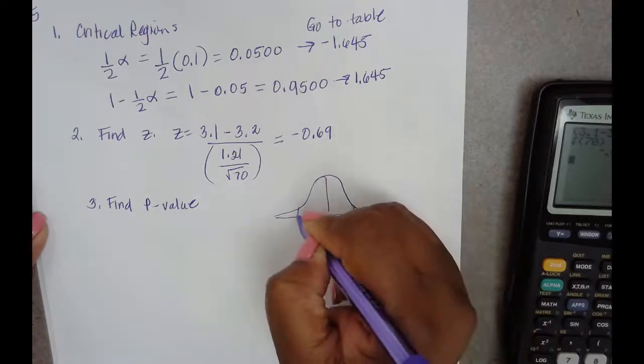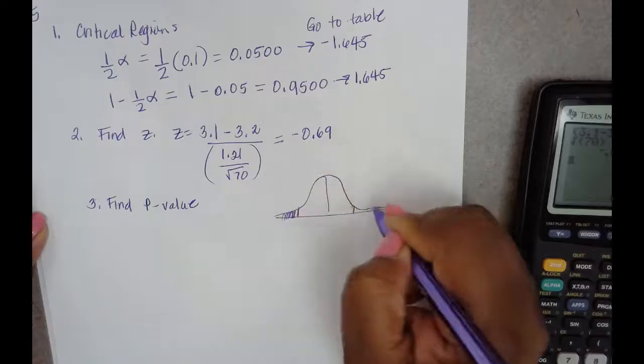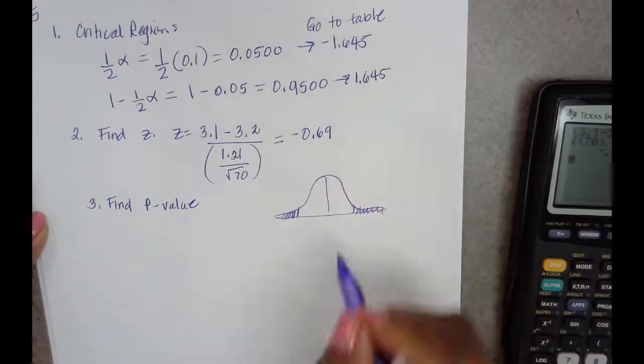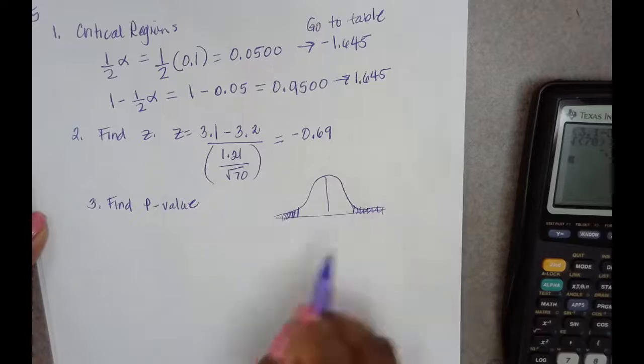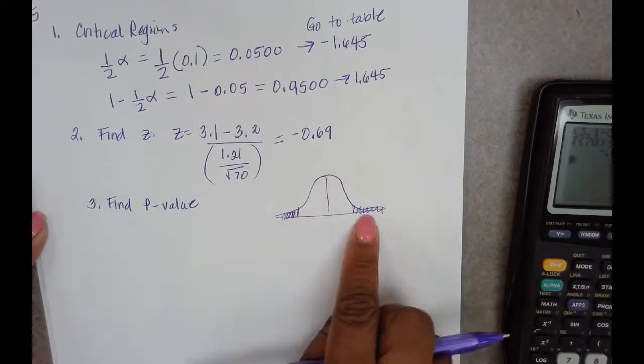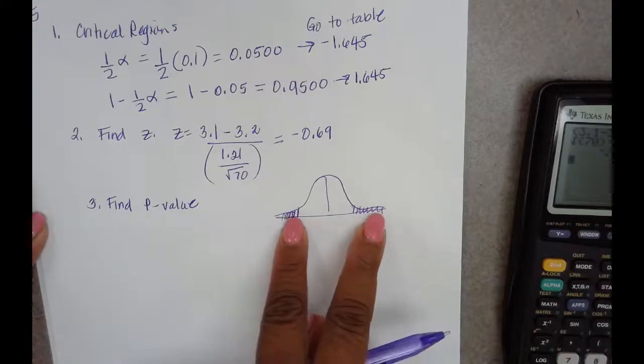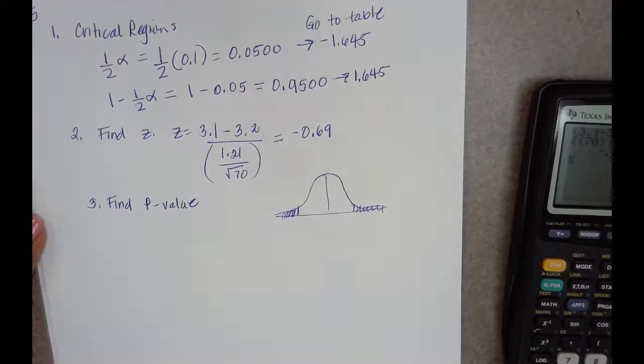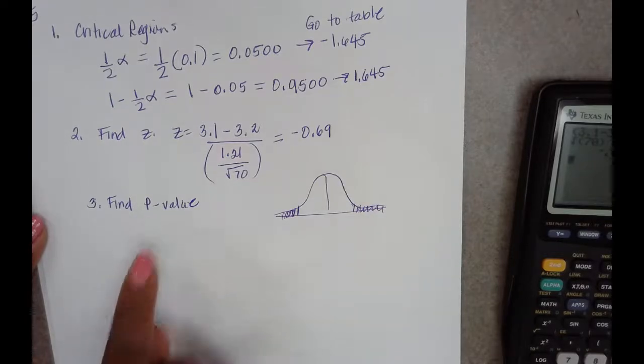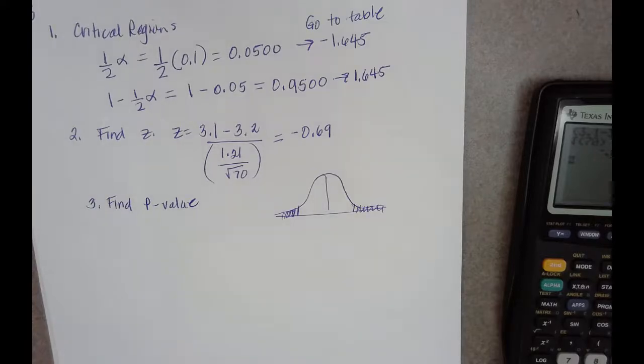These little pieces right here would be where the p-values are. So together they make the p-value. I have to combine these two to get this p-value. Let's also look back at the problem that we did similar to this on a two-tailed test.